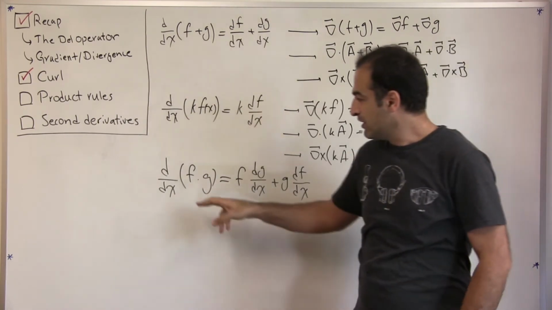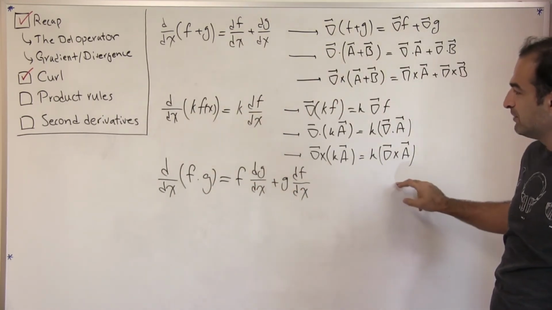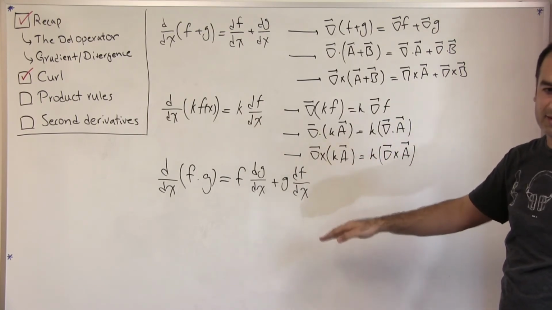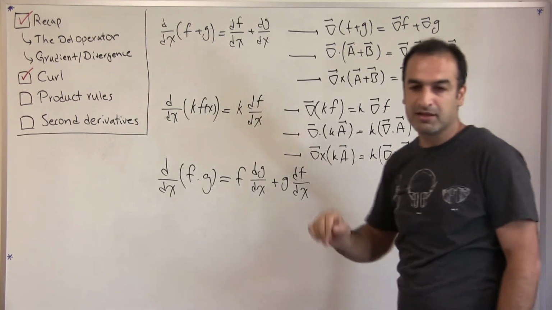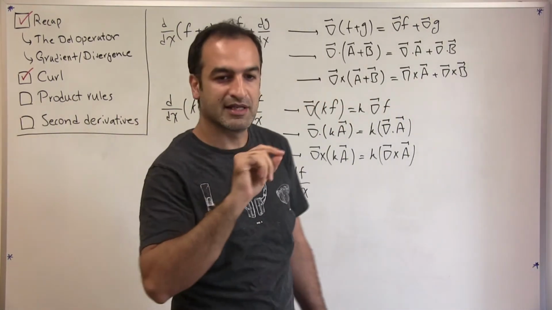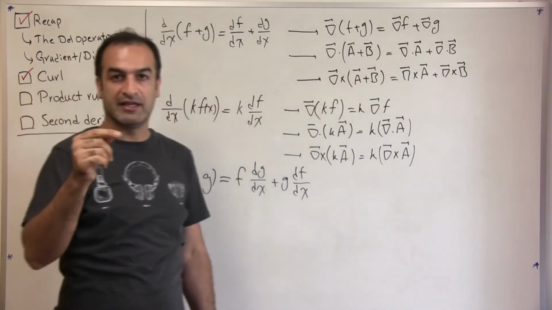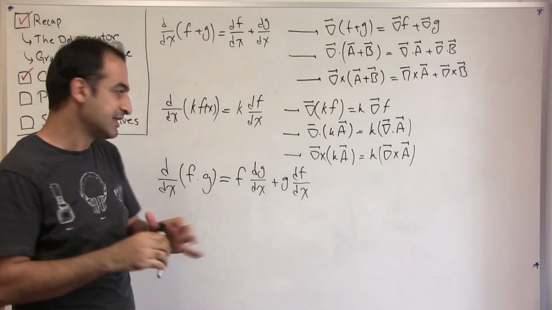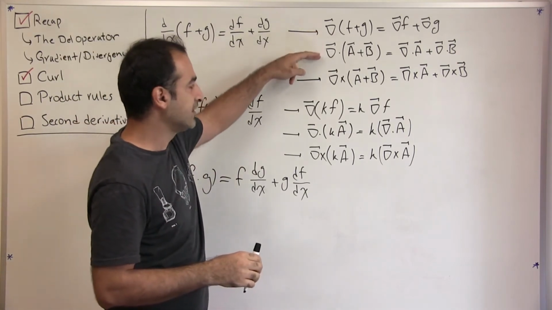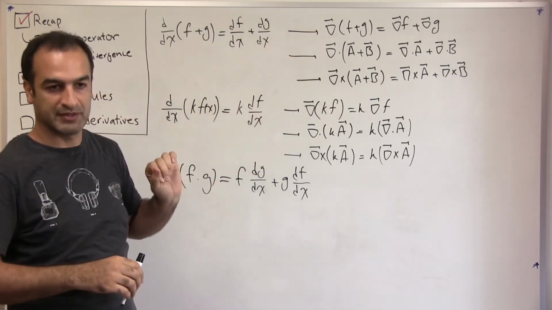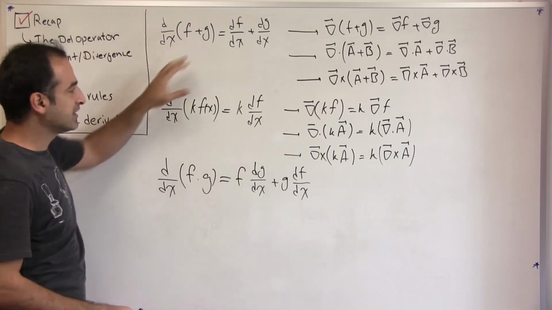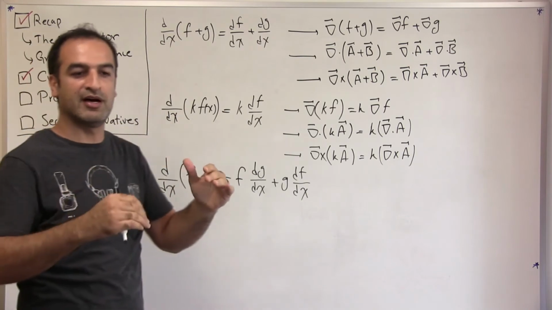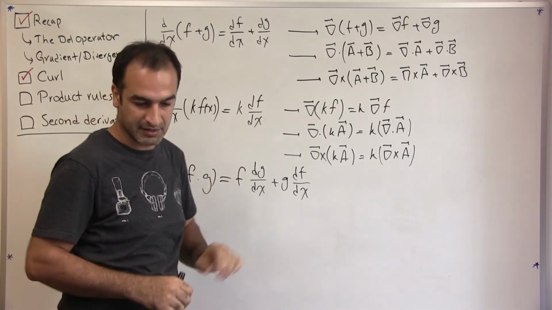So I cannot easily expand this one the way I expanded these ones. I'm going to explain in what forms we can have the products in terms of the combination of vector and scalar fields, and then how we can apply the gradient, divergence, and curl on this. The first two examples are kind of trivial. This one, not that it's not trivial, but there are multiple options you can make a product. So that's what I'm going to do next.